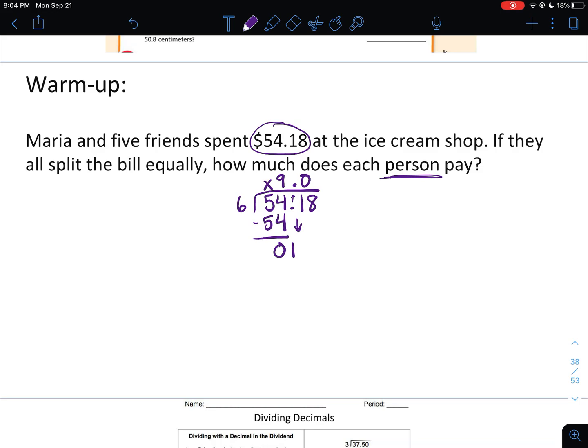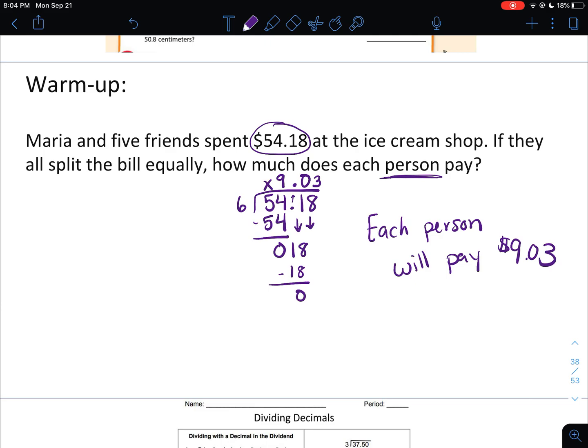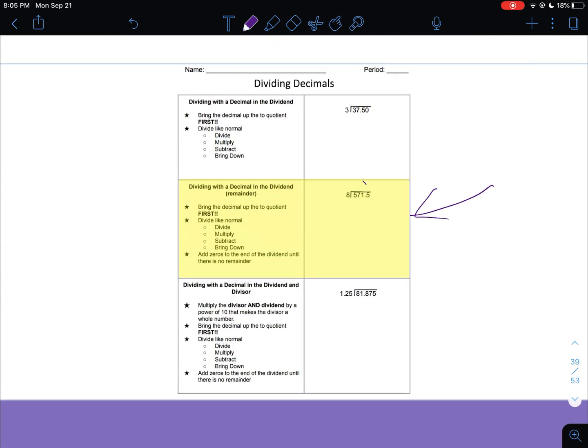Don't forget, if you bring down a digit, you always have to put something above it in the quotient before you bring down the next digit. So how many times does 6 go into 18? It goes in 3 times, because 3 times 6 is 18. Okay, so that tells me that each person will pay $9.03. Okay, so hopefully you got that correct.